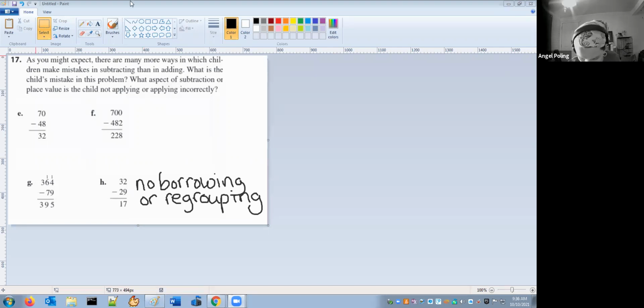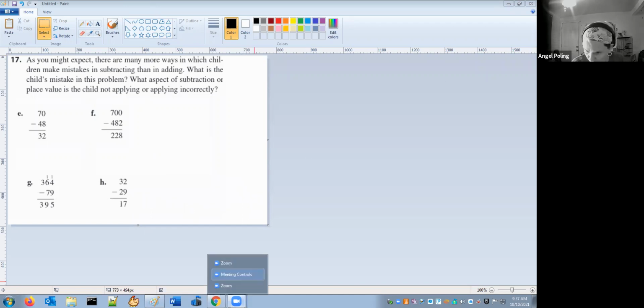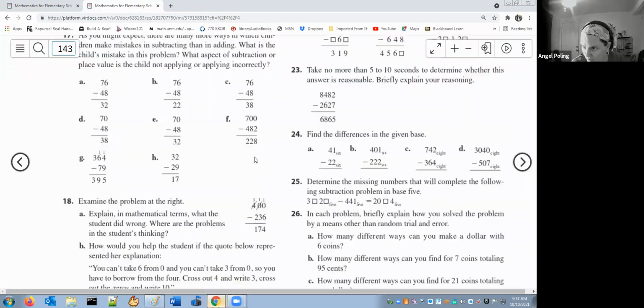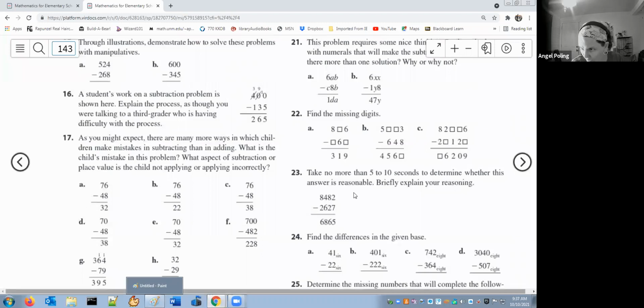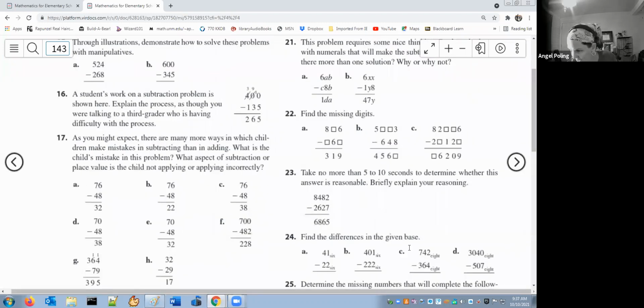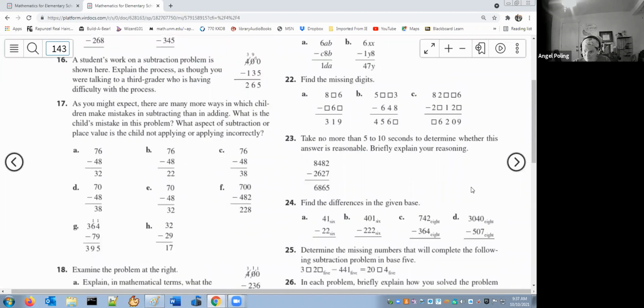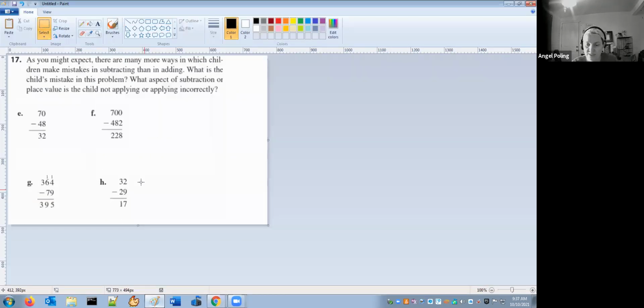Let's see, what's the next one? 22 and 24 A and C. So there's 22. That should look like the beginning of the semester, right? Find the missing digits. And 24. Well, I definitely think 22 looks like a game, and 24 looks like stuff that we have been focusing on in class with the different bases.